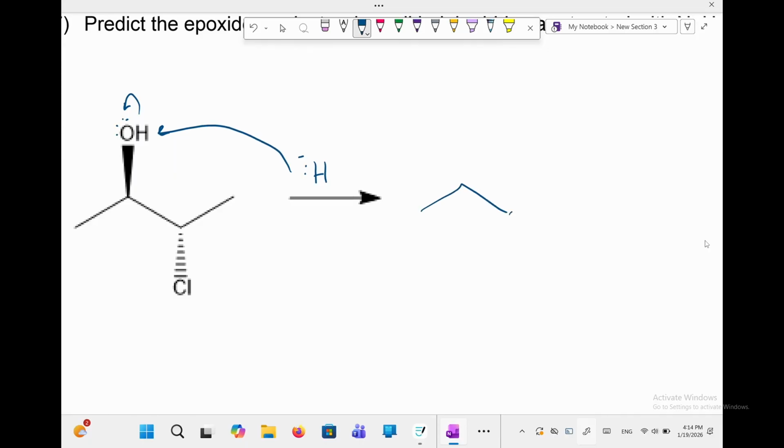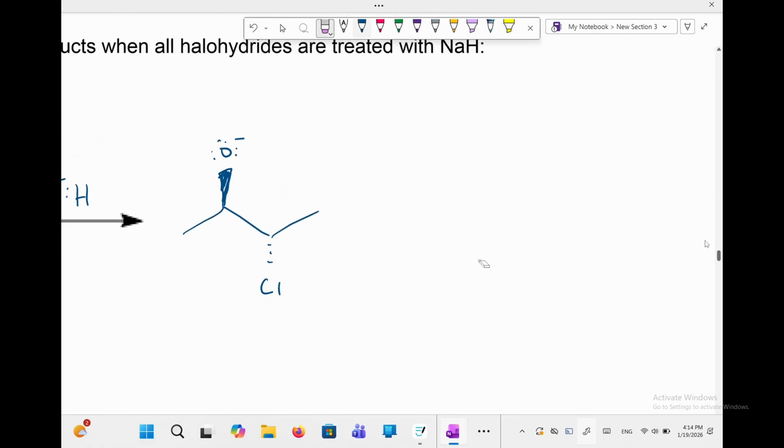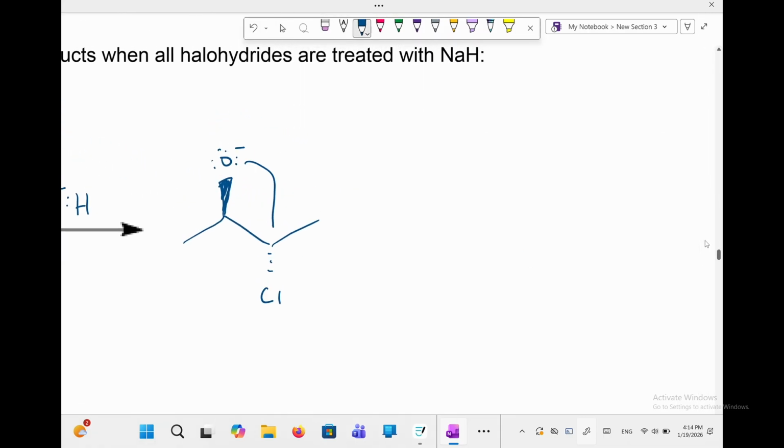Now we get O minus, and there we go. And now we can do an SN2 reaction here. That leaves, now we get this, which is super rad.